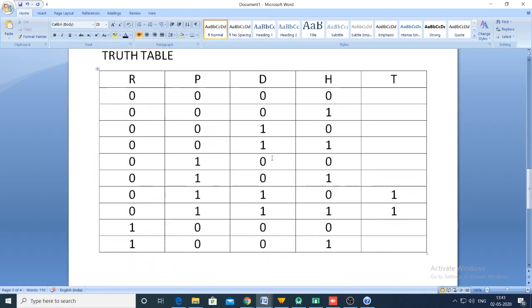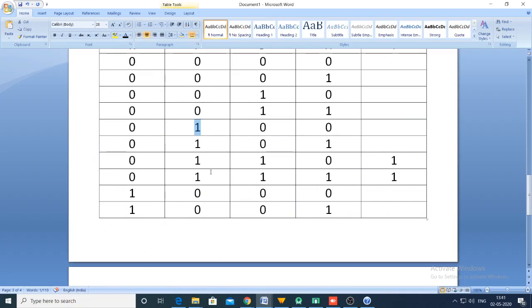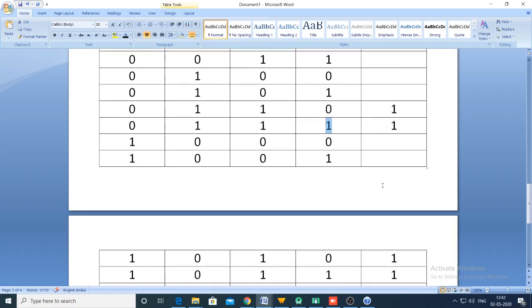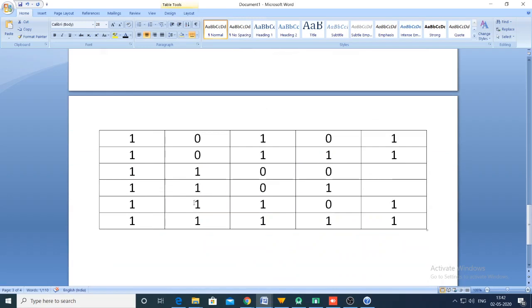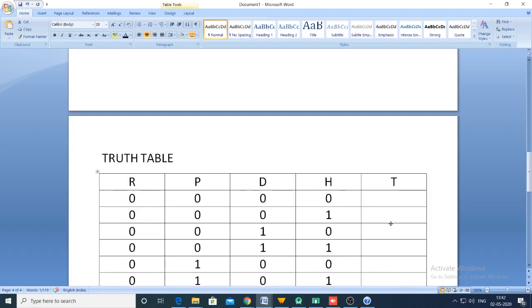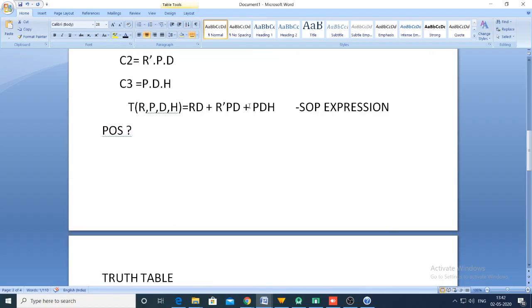So PDH, P is 1, D is 1, H is 1 here, but in the other one it is not. One combination has already been marked as 1, so we can leave it. This is the third combination, isn't it?